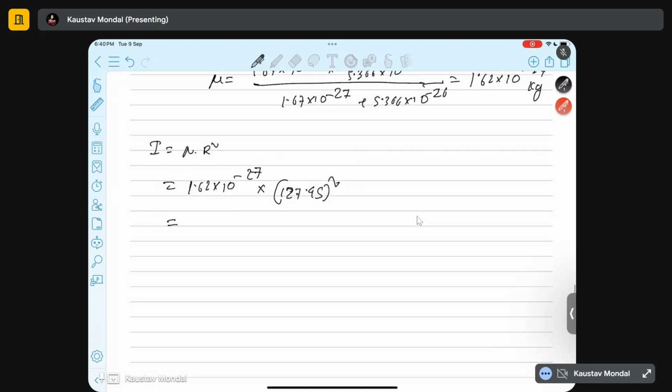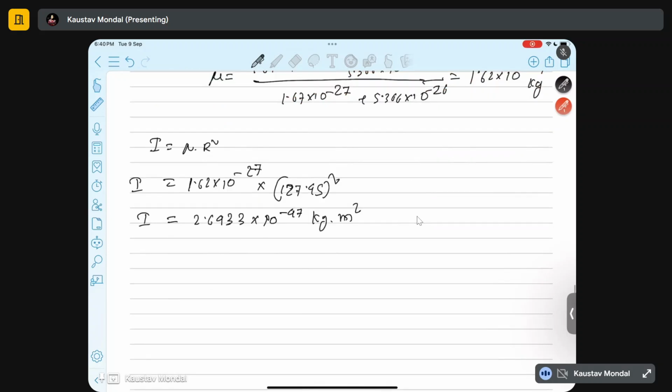Now from here, if you calculate, you'll be getting I equal to 2.6233 into 10 to the power minus 47 kg meter square.